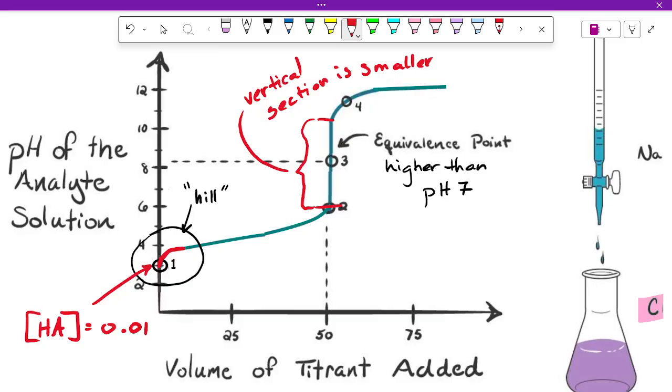If the concentration of HA, our weak acid, is 0.01 molar, the initial pH there, is it higher or lower than the pH of HCl? Higher initial pH.